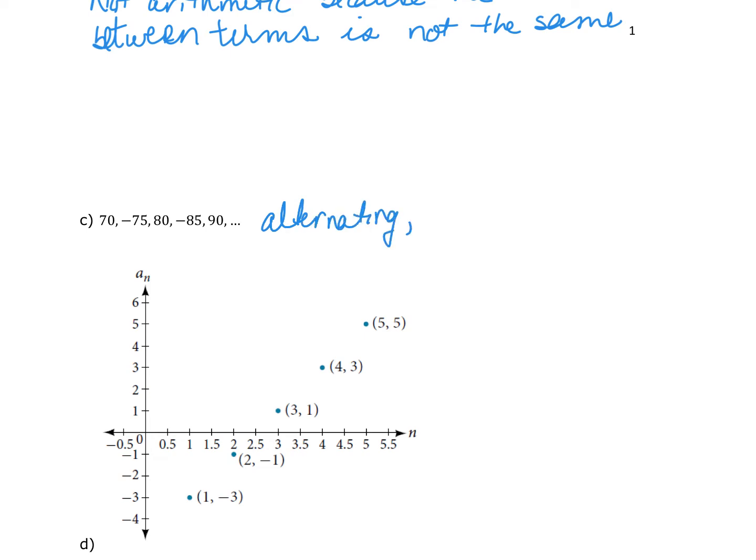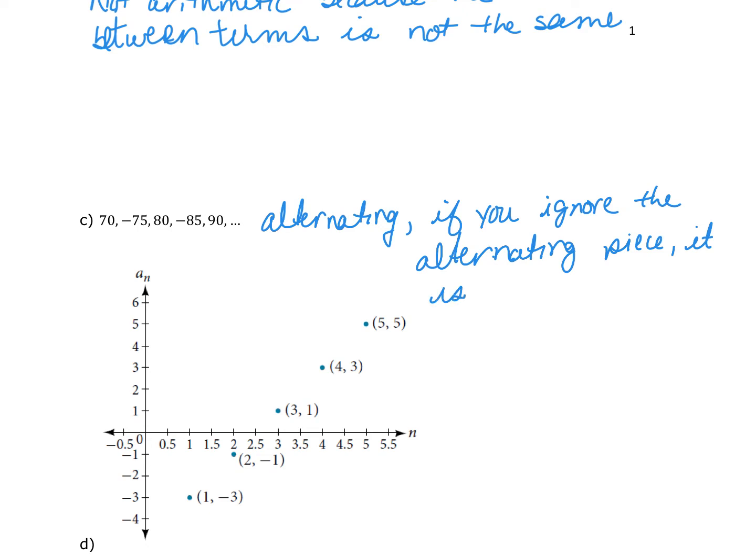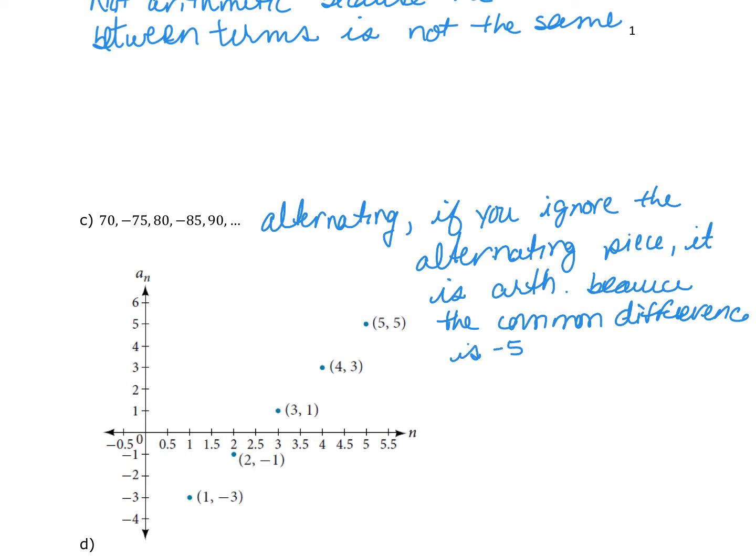And if you ignore the alternating piece, it is arithmetic because the common difference is 5. And it's a plus 5, ignoring the alternating, it's going up by 5.